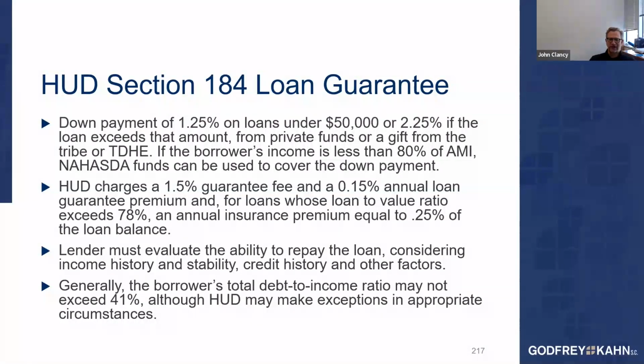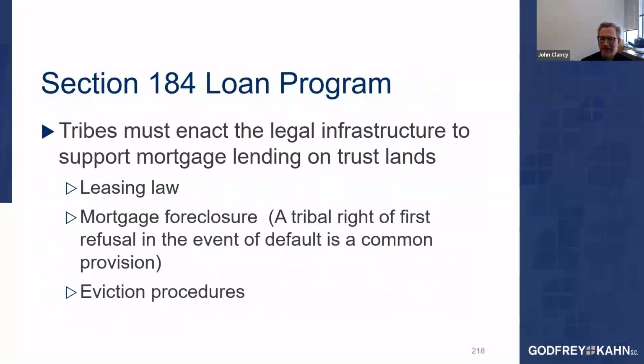In general, that number is 41%, but HUD can make exceptions in certain appropriate circumstances. But basically, what they're looking for is making sure that they have a good credit history, a good income history, stable income, and that their debt to income ratio is not too high, because obviously the higher it gets, the more risk there is that they won't be able to repay this loan, the tenant, the homeowner. Next slide, please, Mark.